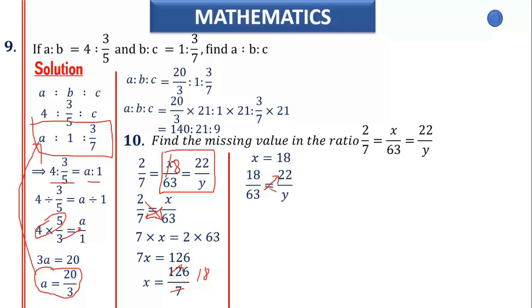We do the cross multiplication here. So that means 18 times y equals 22 times 63. So that will give us this value. We divide both sides by 18. That's 1386 divided by 18. So that means y equals 77.